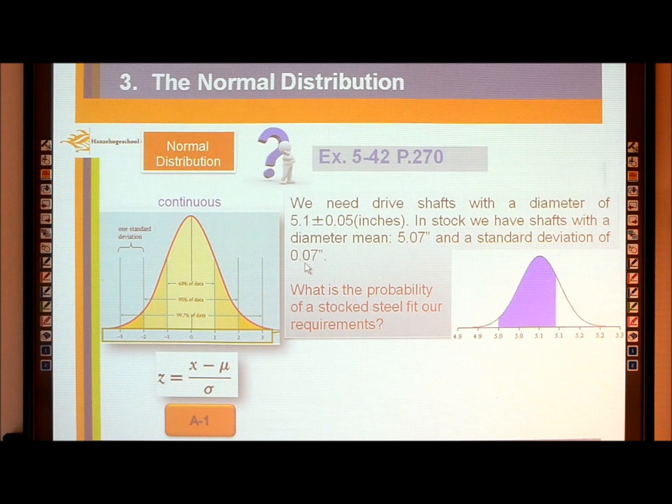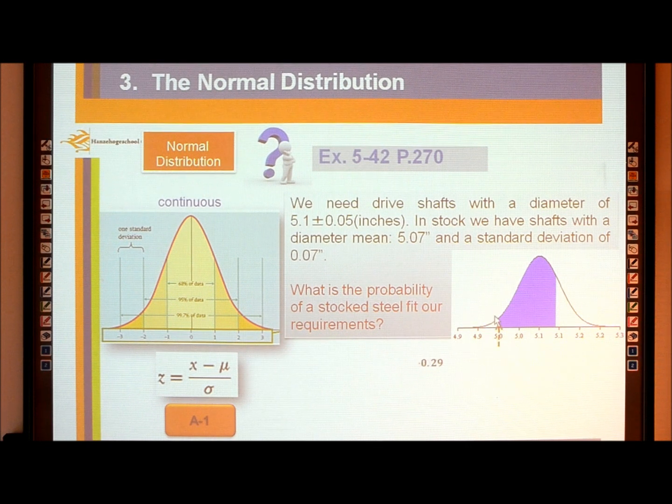And if we draw the line, 5.07 is the mean. And then we know, okay, 5.15, which is 5.1 plus 0.05, will be somewhere here. And 5.1 minus 0.05 will be somewhere here.